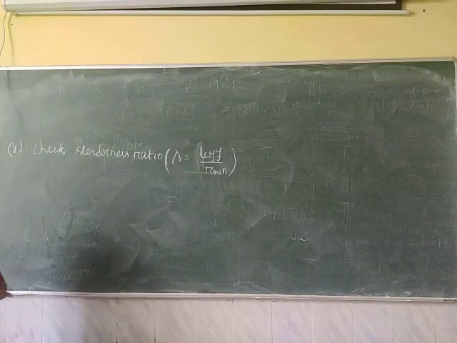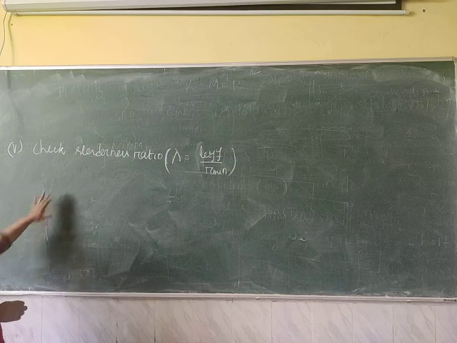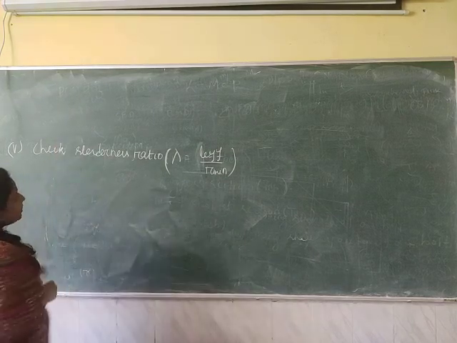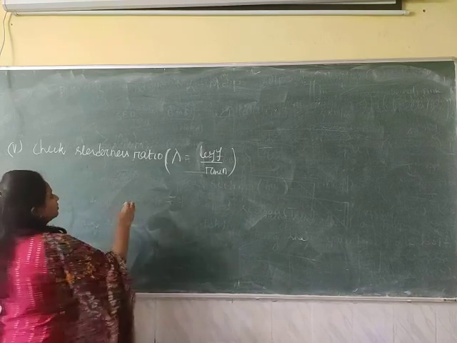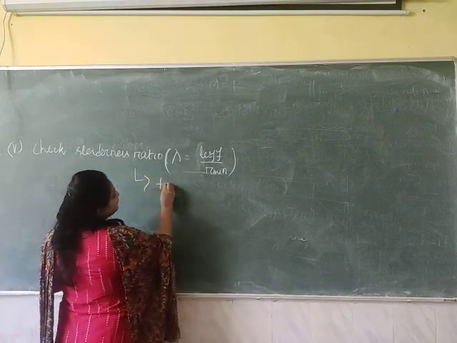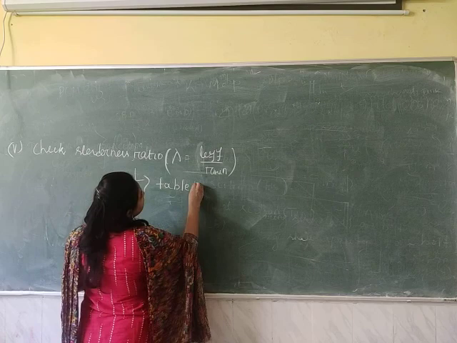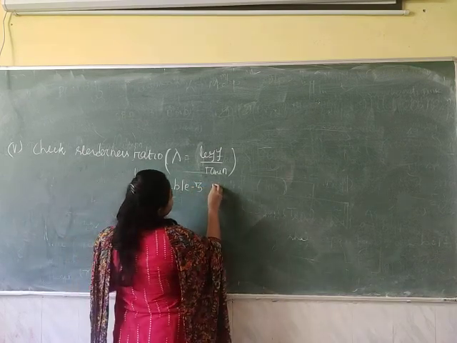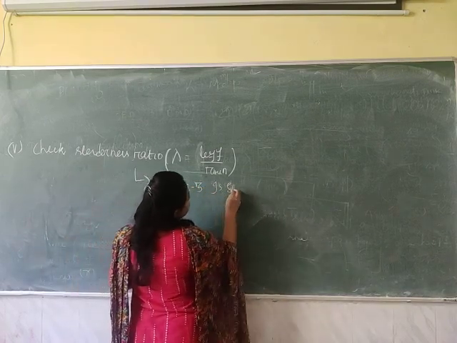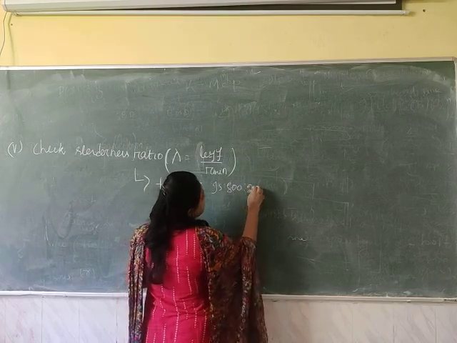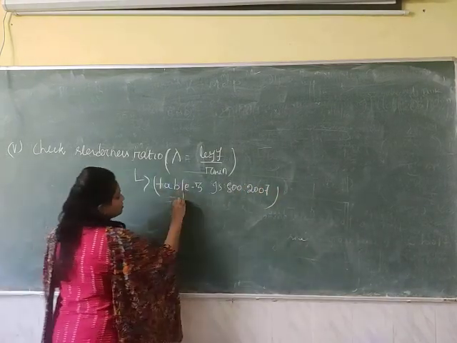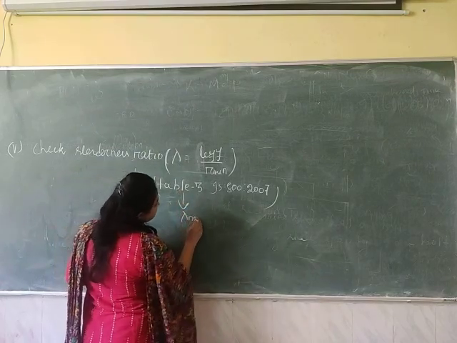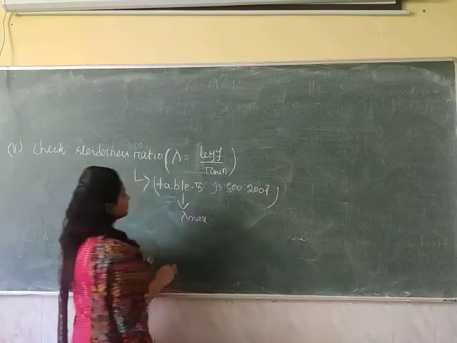The value of the maximum slenderness ratio is given in table number 3 of IS code 800 2007, you can check.